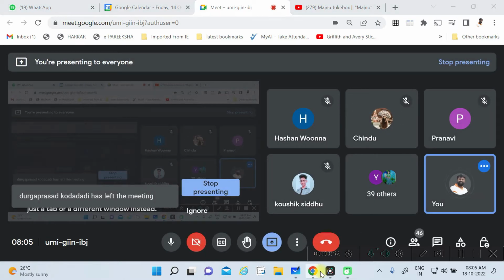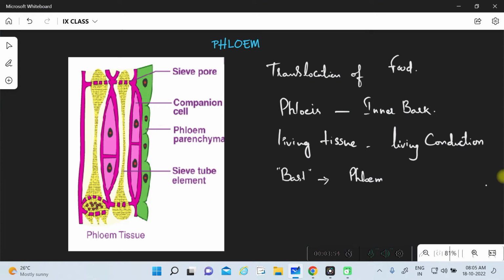Now let us look into the elements which are present in the phloem. You are able to see the diagram in the picture, which shows there are four elements present in phloem.